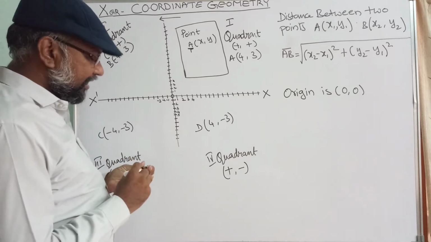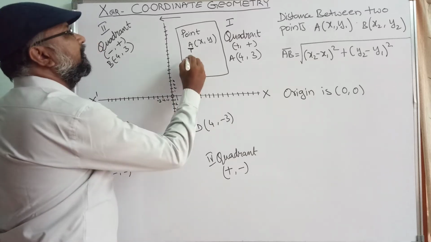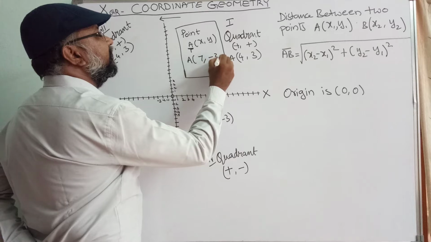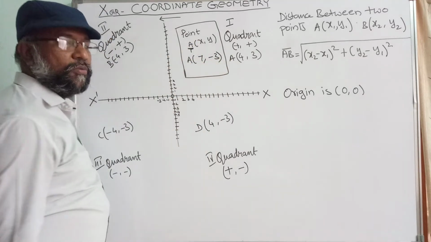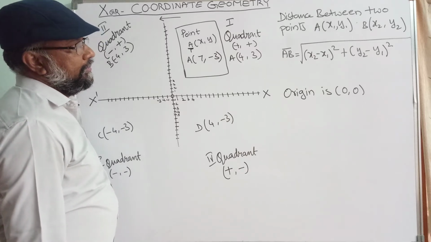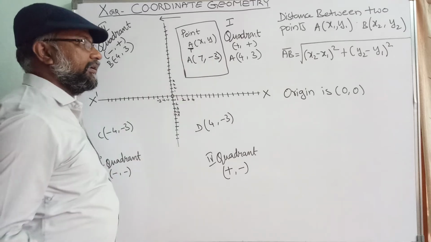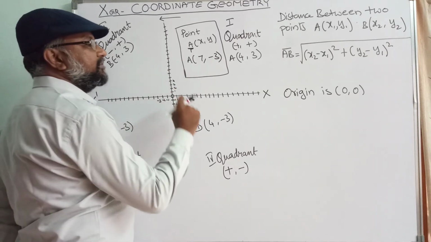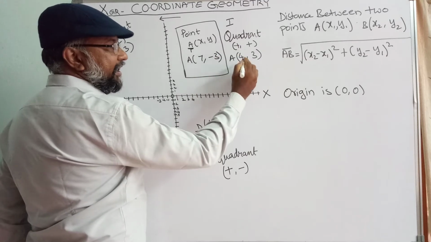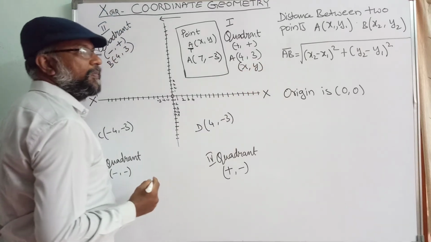Now let us see, for an example, 7, -3. It is a point. Point form should be like that. Let us see a point in the first quadrant. First we take the x-axis and then the y-axis. This is the way.